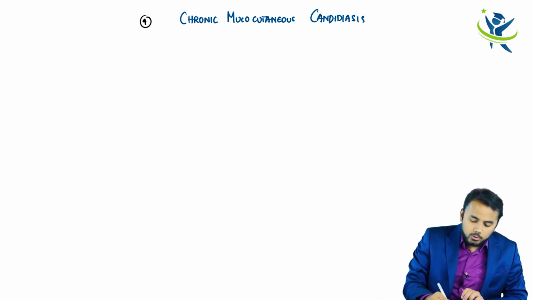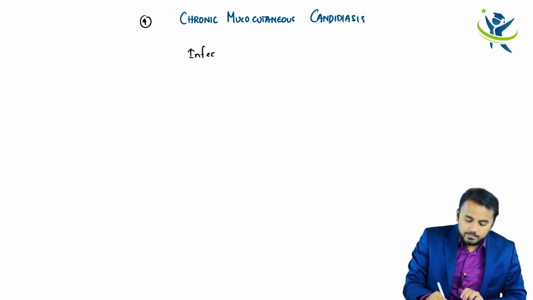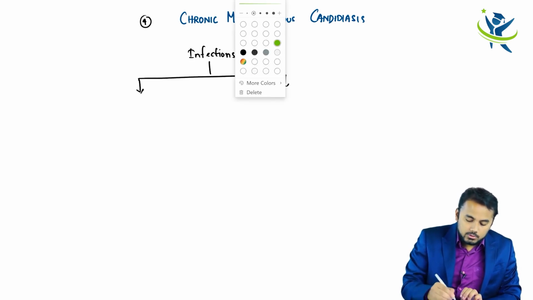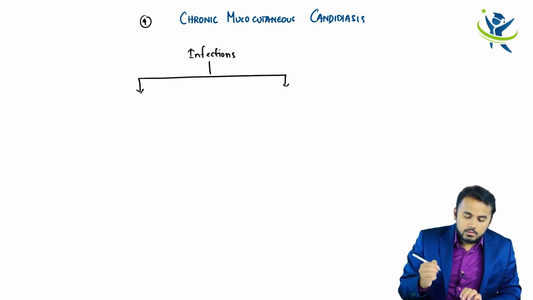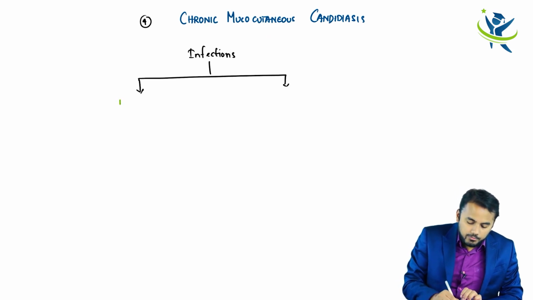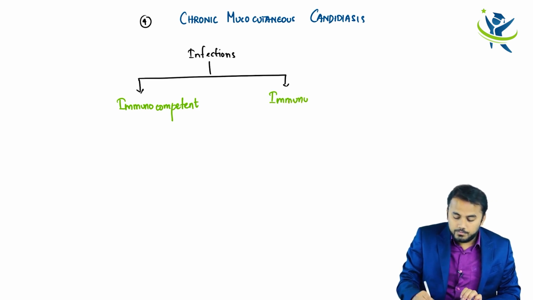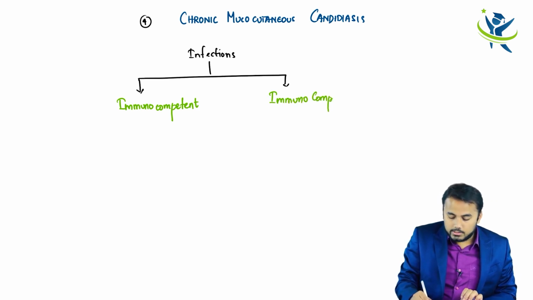I told you that infections caused by this Candida are mainly affecting 2 groups of people. One group is the immunocompetent people, and the other group is immunocompromised individuals, right?